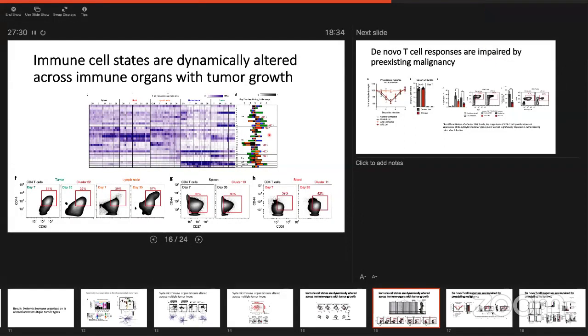Okay, and one more question. I got it when I was reading the paper. You showed with the markers CD101 and CD38 that you have a population that is somehow associated with non-functionality.